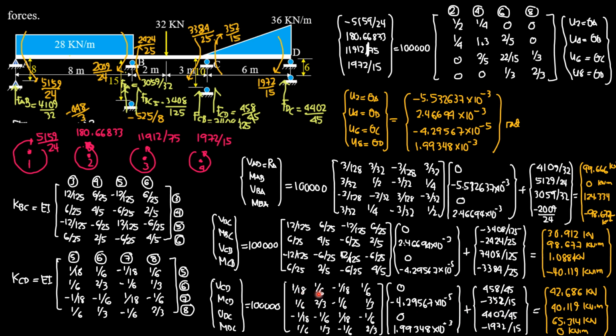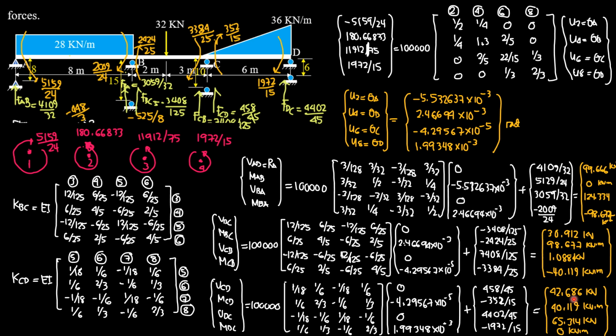So 1 over 6 times negative 4.29567 times 10 to the negative 5 plus 1 over 6 times 1.99348 times 10 to the negative 3, times 100,000, plus 458 over 45, you'll get 42.686 kilonewtons.